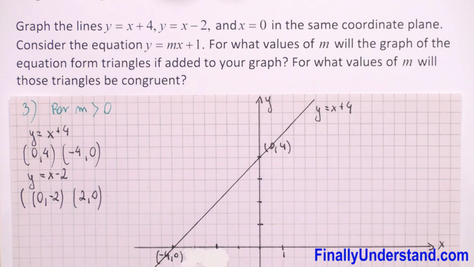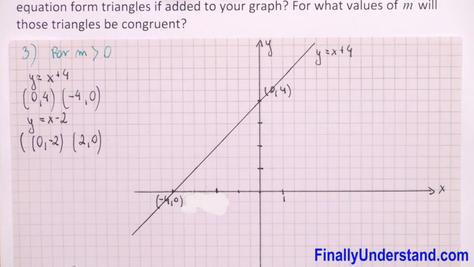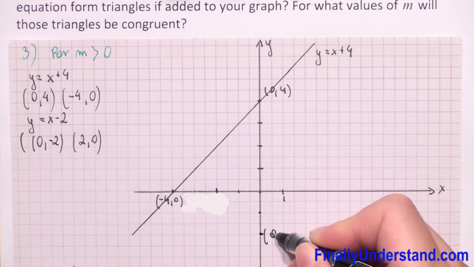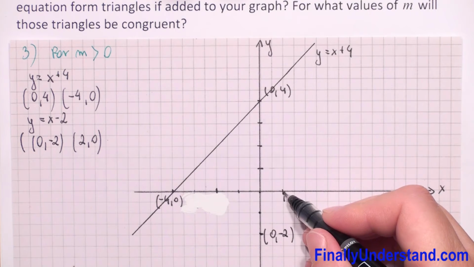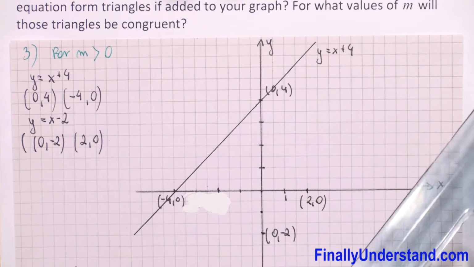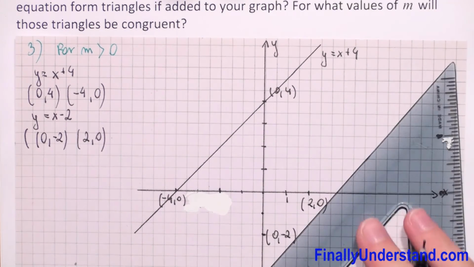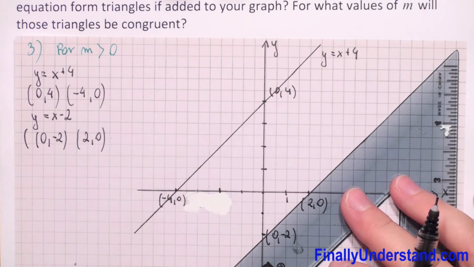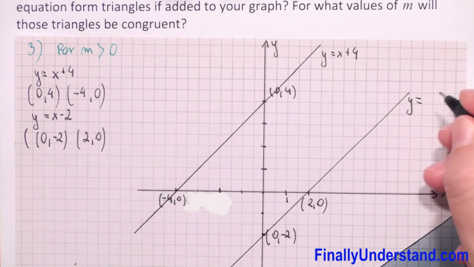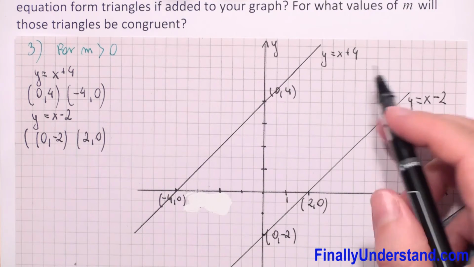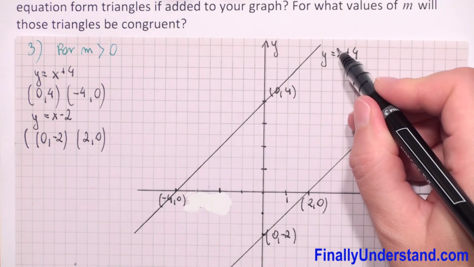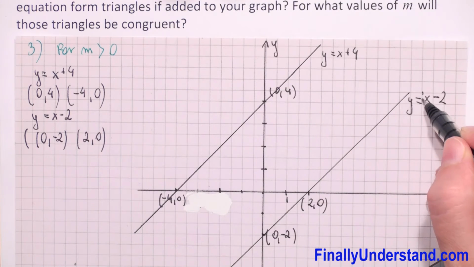So if we connect these 2 points, we have the second line, and these 2 lines are parallel. Why? Because the coefficient before x is the same. We have 1. If we don't have any number, it means it is an invisible 1.